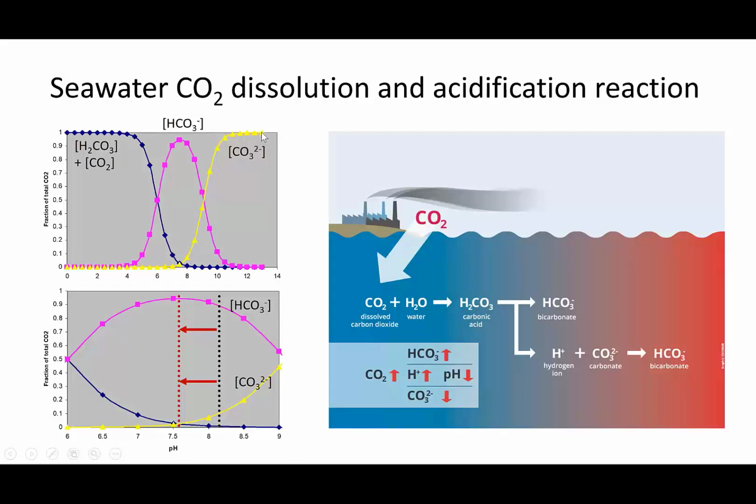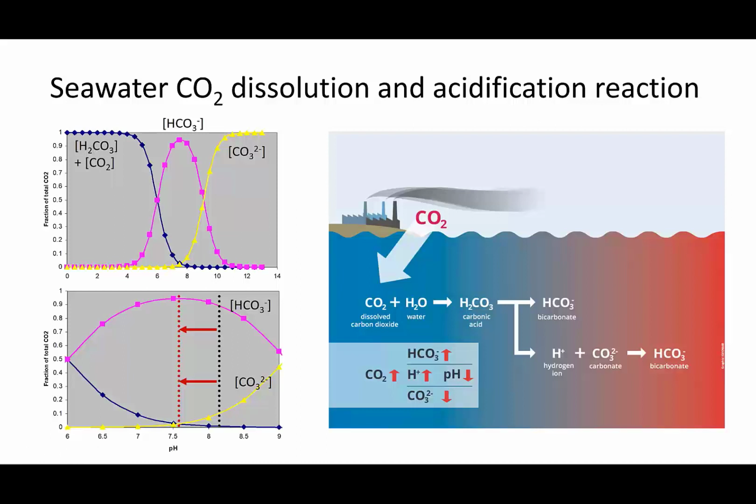So you can see that the carbonate ion dominates at high pH, but as the pH becomes lower and the ocean becomes more acidic, carbonate ion concentration decreases and the bicarbonate ion increases at the same time. Eventually, at much more acidic conditions which the ocean won't reach, even the bicarbonate ion reduces and carbonic acid and CO2 become the dominant species.